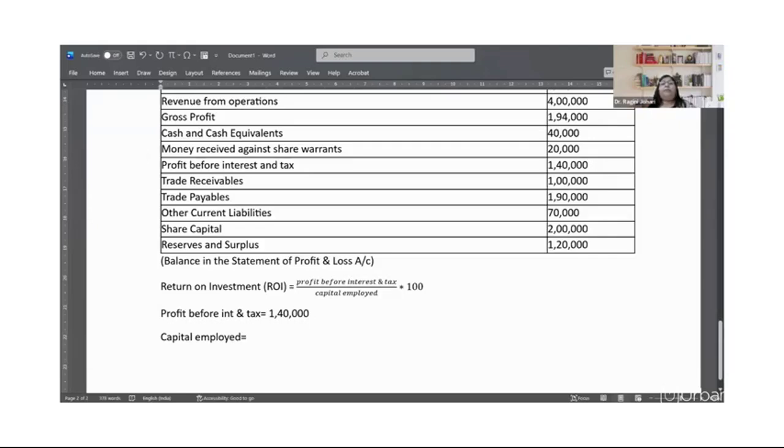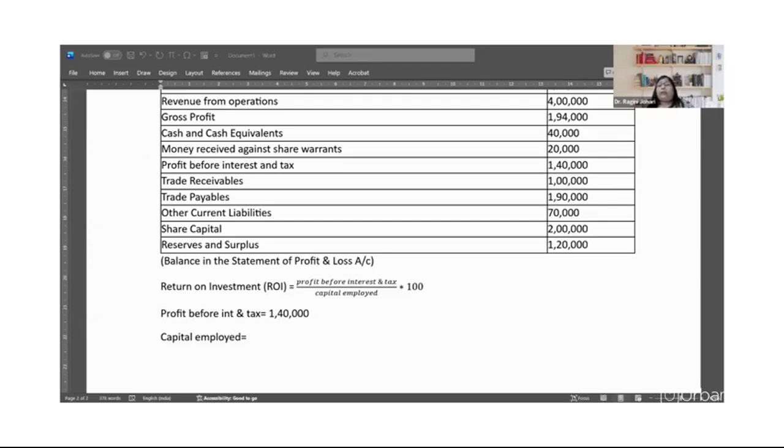Okay. How do we calculate this capital employed here? Now, capital employed means the total capital, that is shareholders' funds, basically. So the shareholders' funds comprise three things: equity share capital. In case preference share capital is given, then that would also be added. But since it is not given here, we will be only taking up equity share capital, reserves and surpluses, and money received against share warrants.